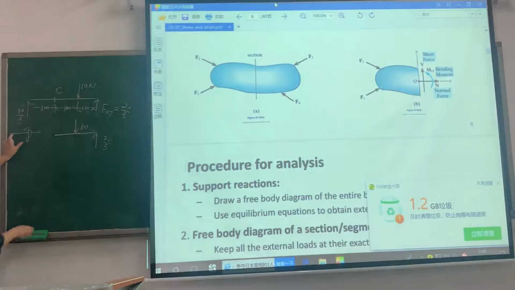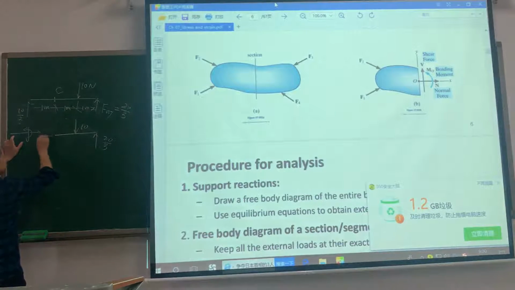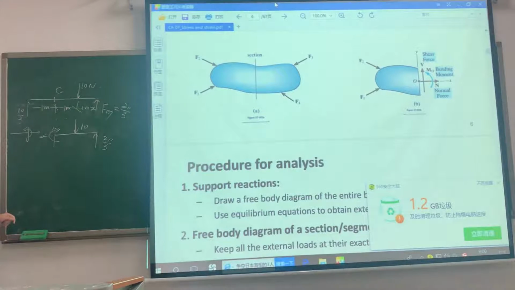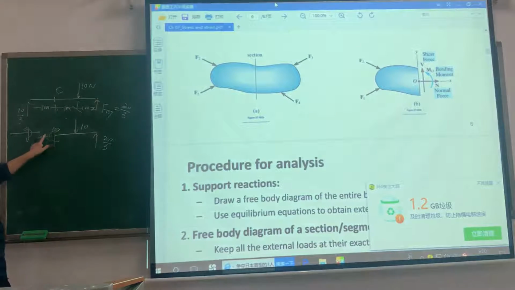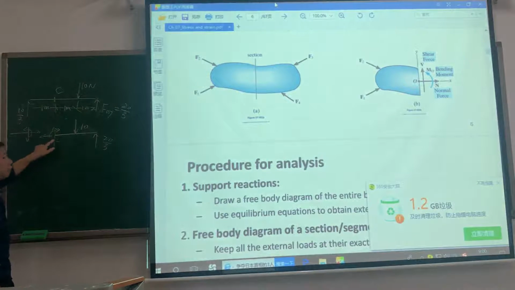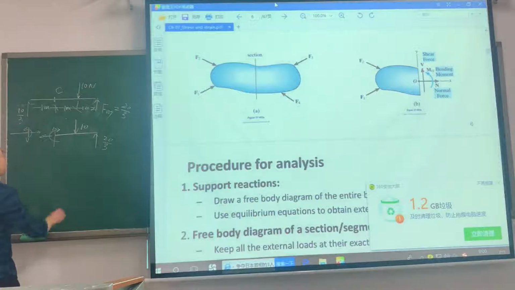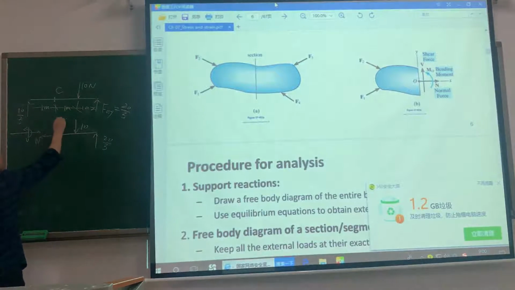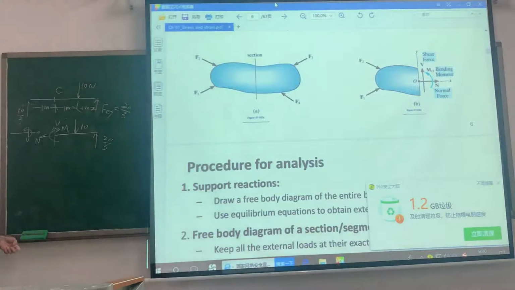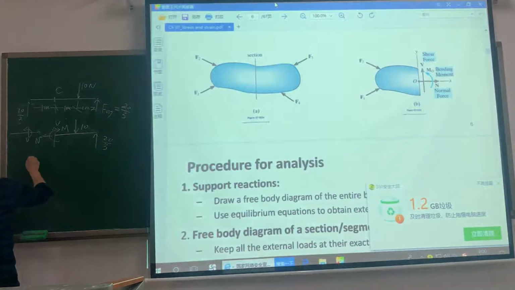Now it must be like this, because of action, reaction, action, reaction. So M, V, M. Yes or no? So we can find M is 0.